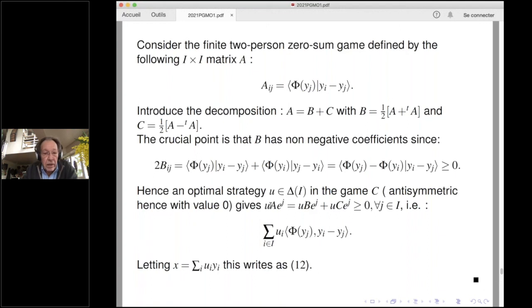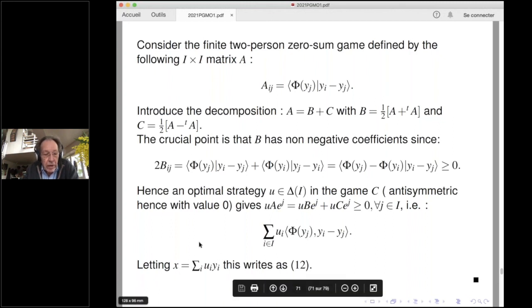So this implies that you apply to A is positive against every J. Remember the definition of A, this gives this. Now you put the UI inside. So you let X be the convex combination.